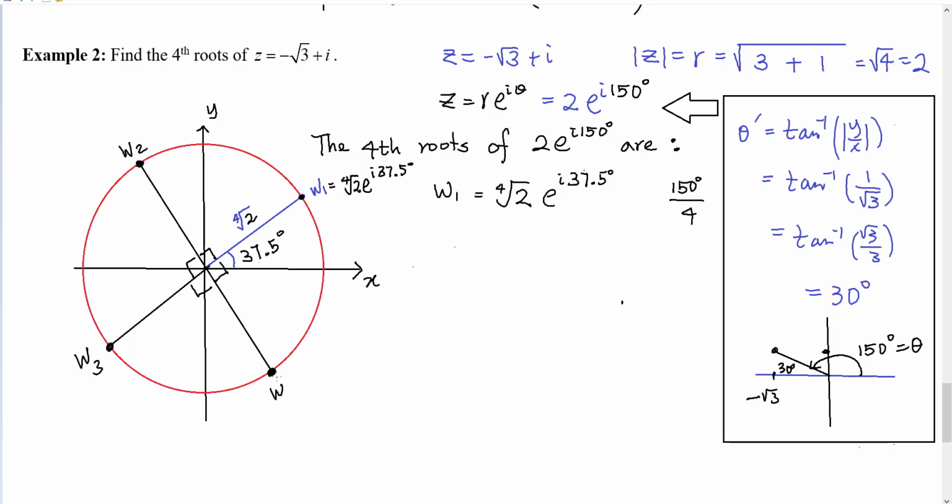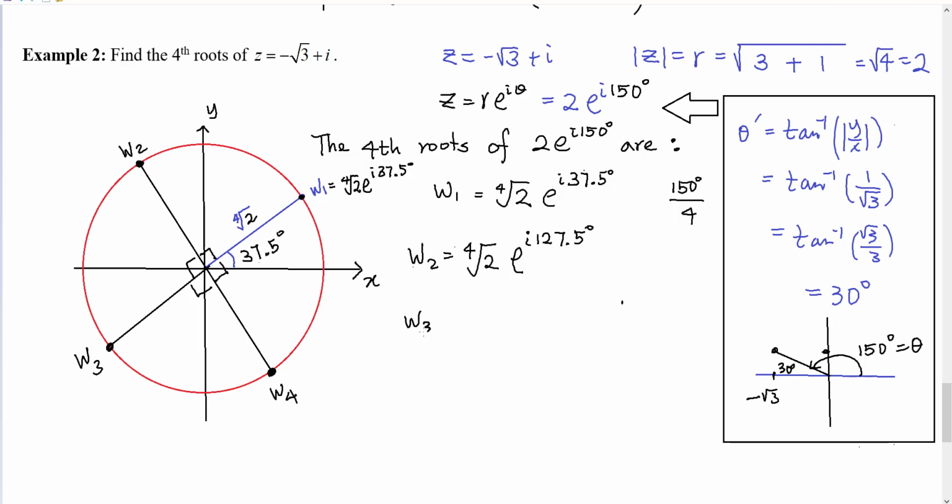So the fourth roots are all an equal angle measure apart on the same circle, and that circle's radius is the fourth root of 2. To find w2, it's the fourth root of 2 times e to the i, 90 degrees more than 37.5 degrees. You just have to add 90 to that, so it's 127.5 degrees.